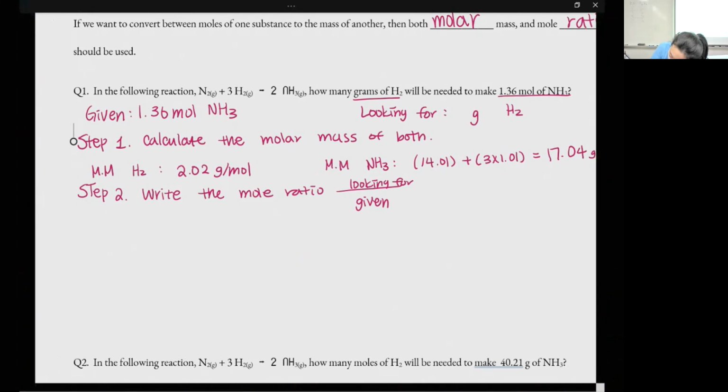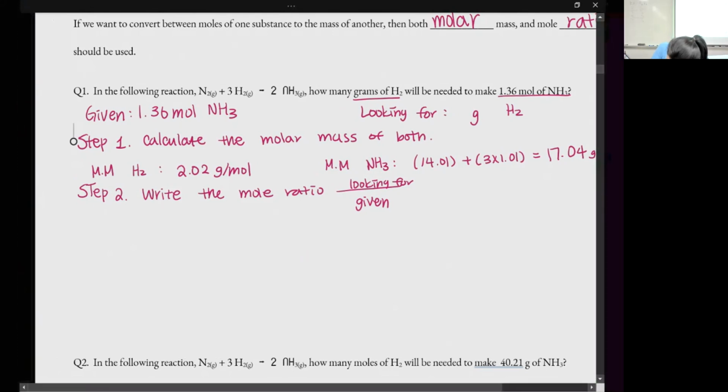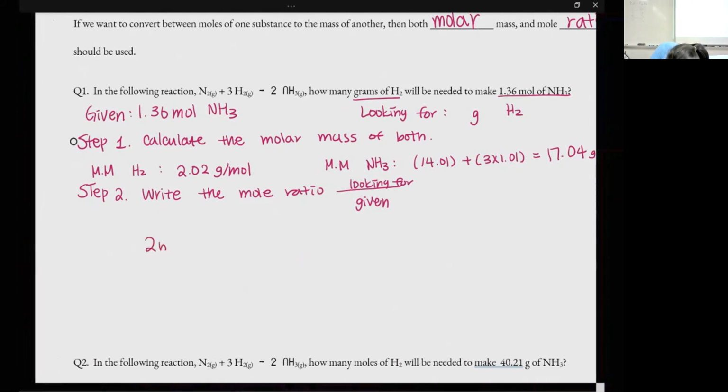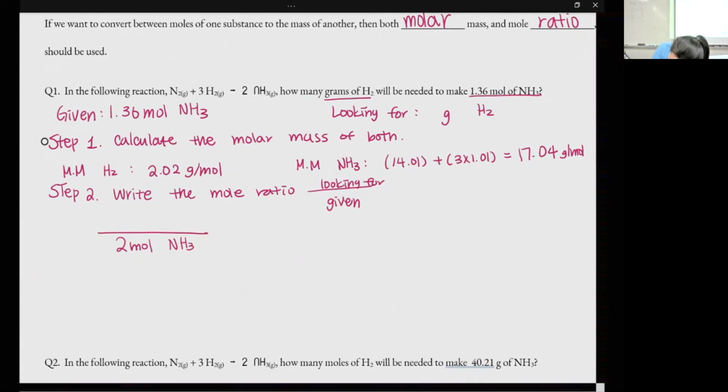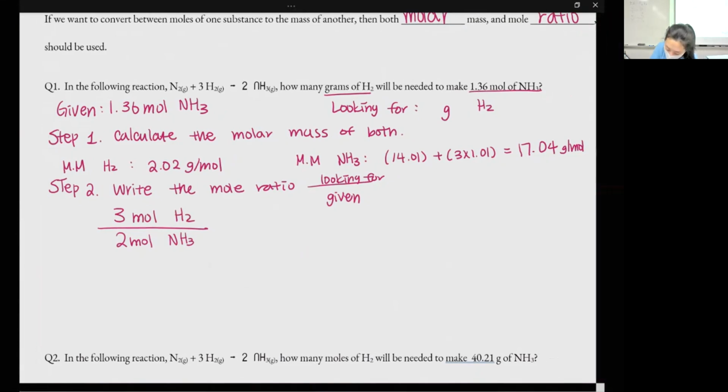Our given is NH3, and NH3 has 2 moles, so 2 moles of NH3 on the bottom. And then H2 has 3, so 3 moles of H2 on the top.